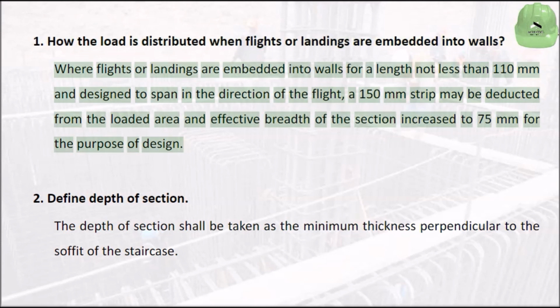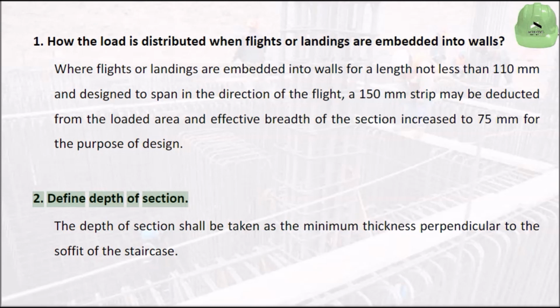Where flights or landings are embedded into walls for a length not less than 110 mm and designed to span in the direction of the flight, a 150 mm strip may be deducted from the loaded area and the effective breadth of the section increased to 75 mm for the purpose of design.